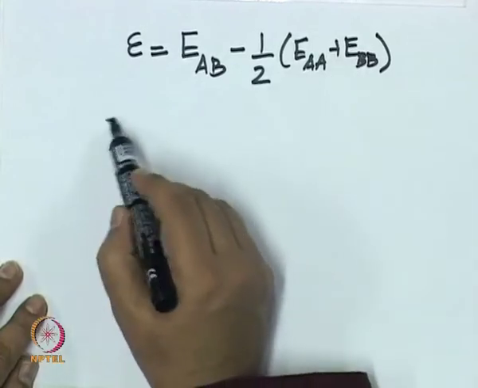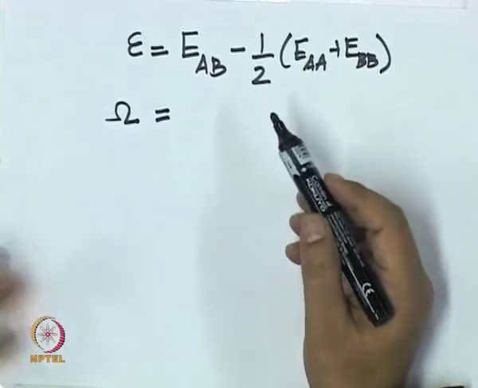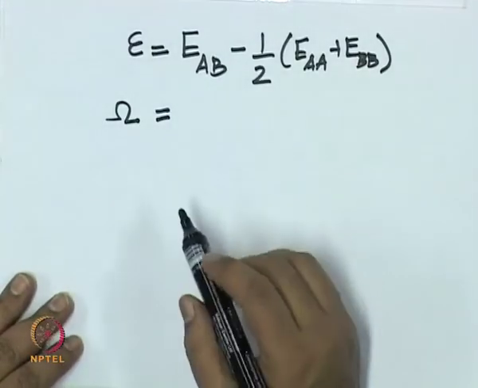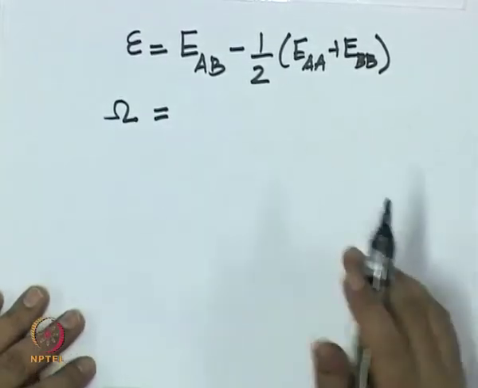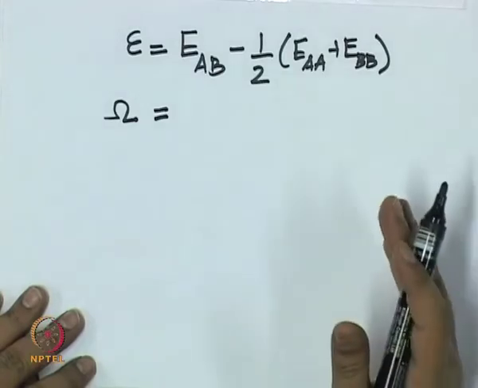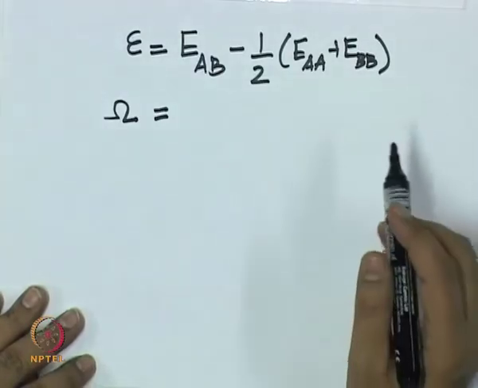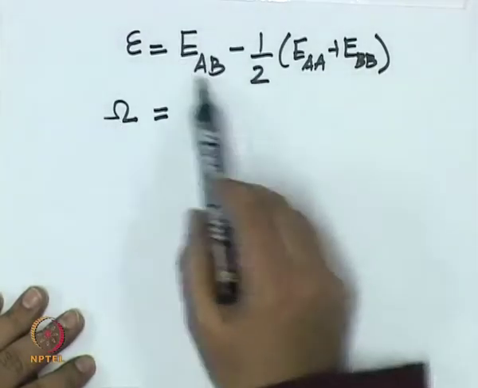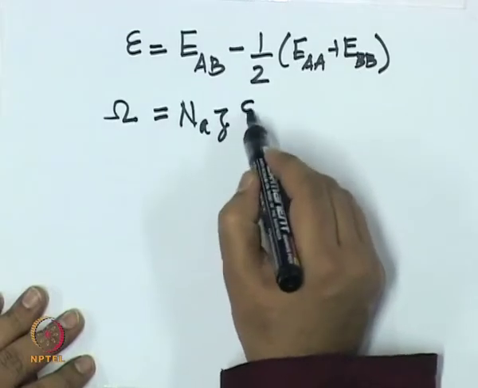So, omega is nothing but the others are either geometric factors or numbers. Z is the number of nearest neighbors in the crystal structure that you are assuming, which is for example 12 if it is FCC, 8 if it is BCC, 6 if it is simple cubic, and so on. So, the sign of omega depends only on epsilon, because like we said this is nothing but Z times epsilon.